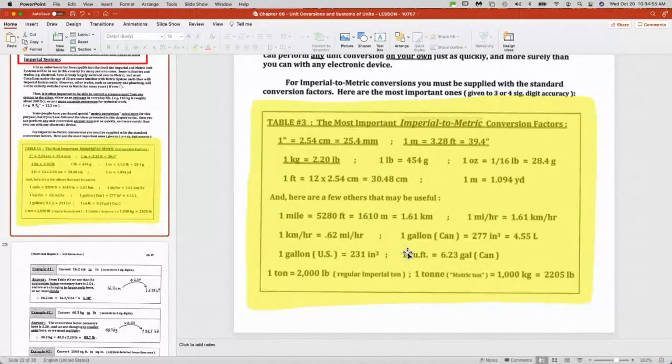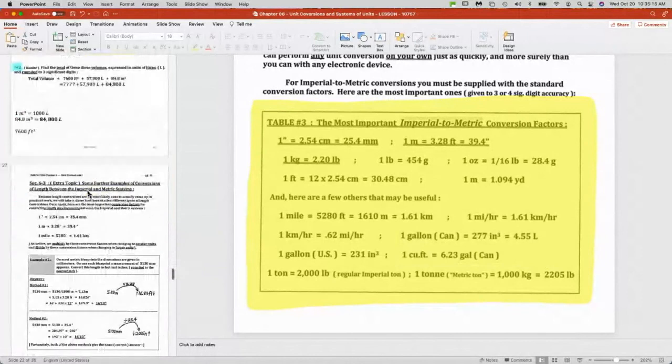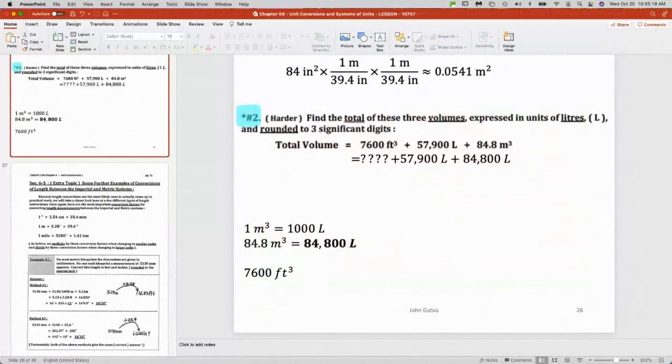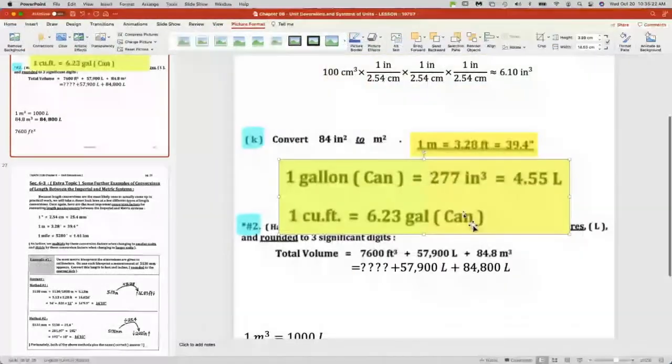I don't see anything in terms of cubic feet that's nice. I see gallons here, but honestly, Canadian gallons, you're just asking for more punishment. Unless you want to do the conversion right there. You see we can convert the Canadian gallons to liters. Maybe, you know what, let's do that. Since we have those available, if we're just going to stick to this table, there's lots of ways to do the question, but if we're going to stick to that table, maybe that's the safe bet. So let's go with the safe bet here.